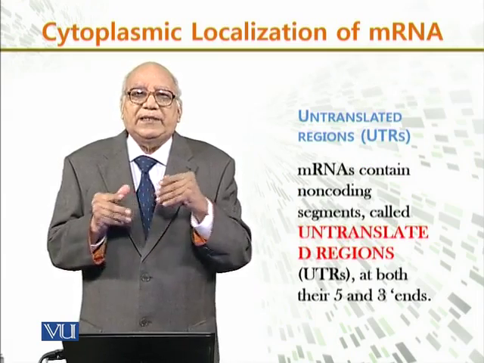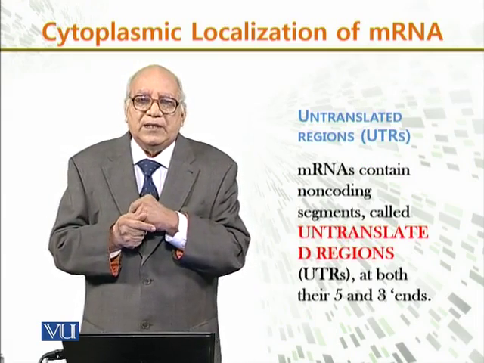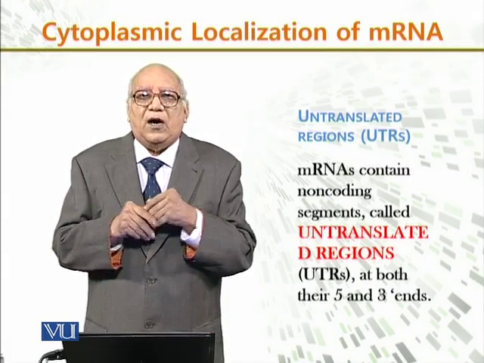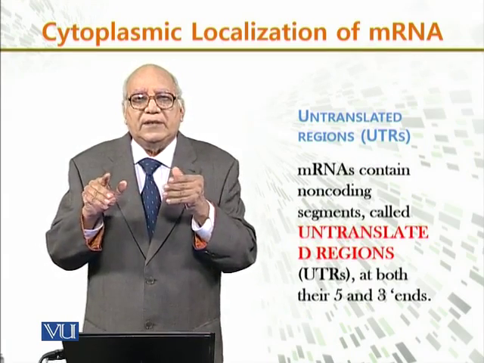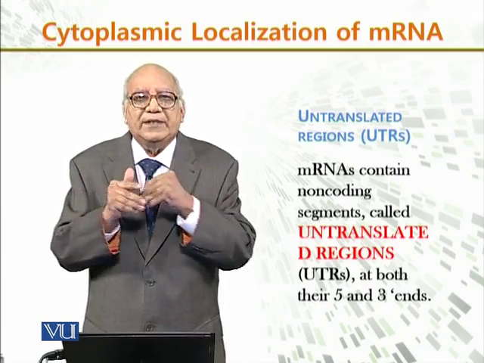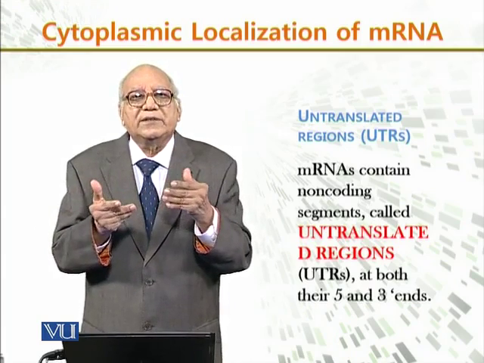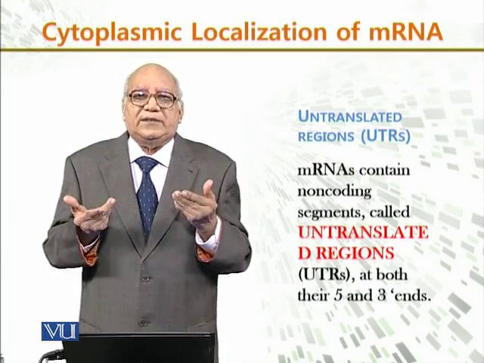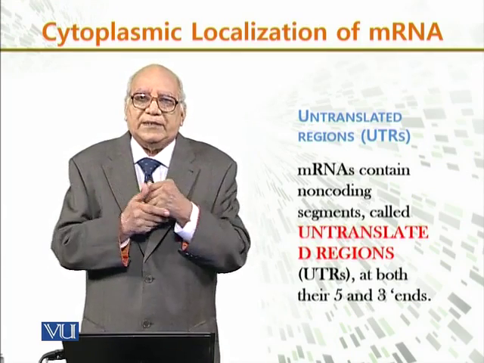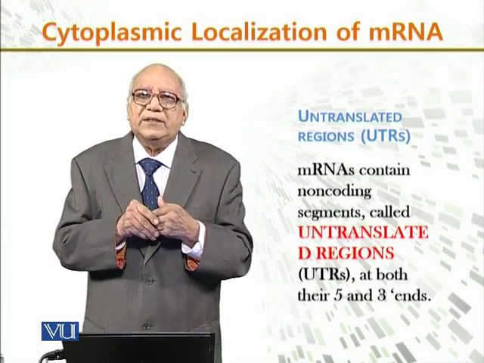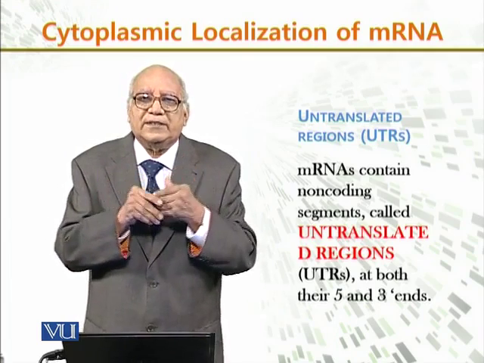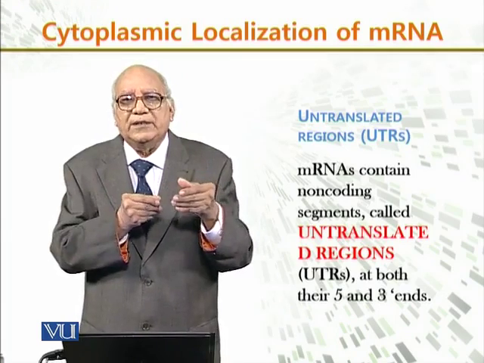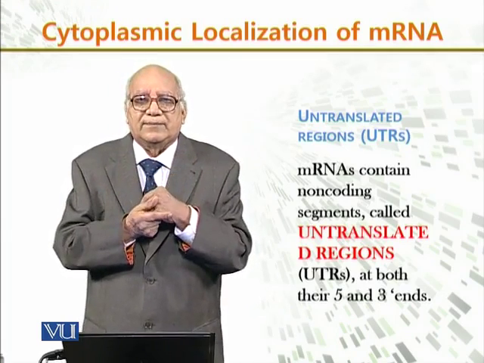Now, another important thing is that it is not essential that all messenger RNA is to be translated. It is just like if you read a sentence: in an English sentence, not all parts are important. There are some important portions and some are not.